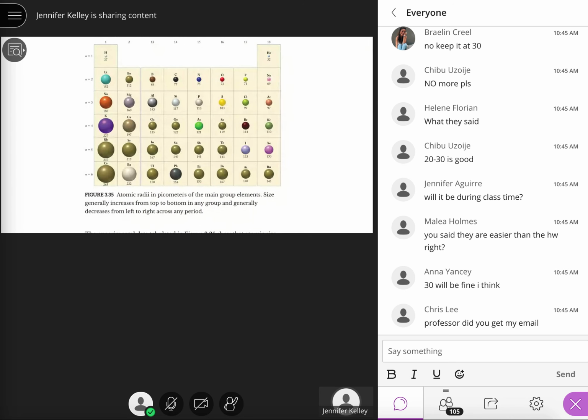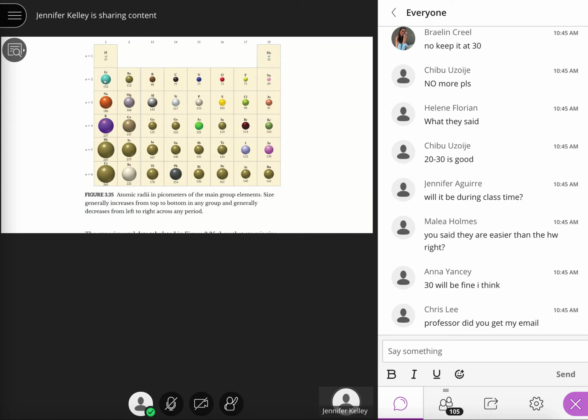If you look at this picture here, it's showing that lithium is largish compared to if you go all the way across to fluorine, which is F. And that's because the effective nuclear charge increases as you get over toward fluorine, because the core electrons stay the same, but the number of valence electrons slightly increases.